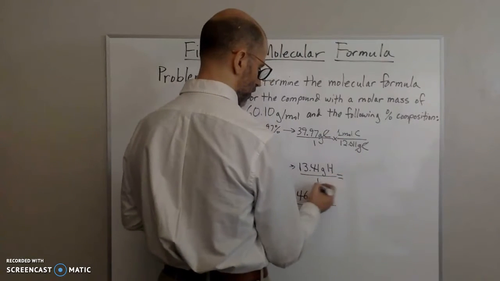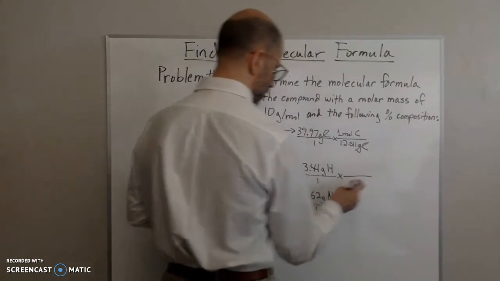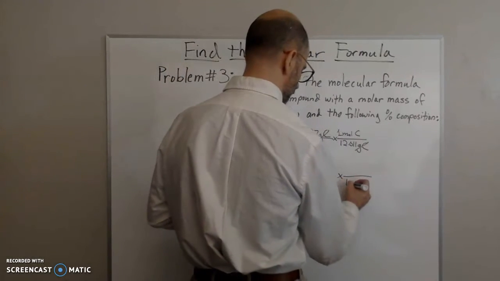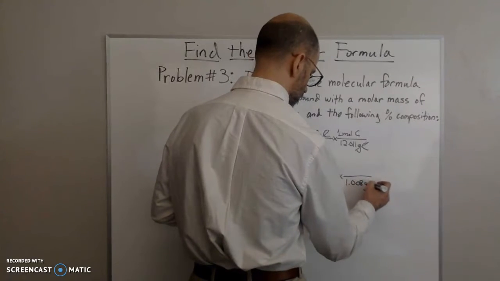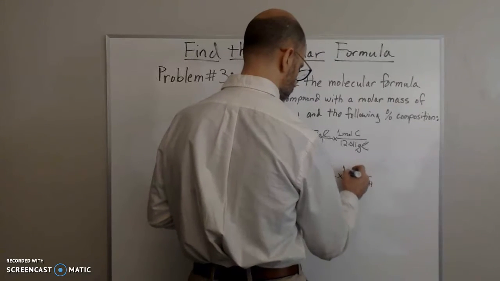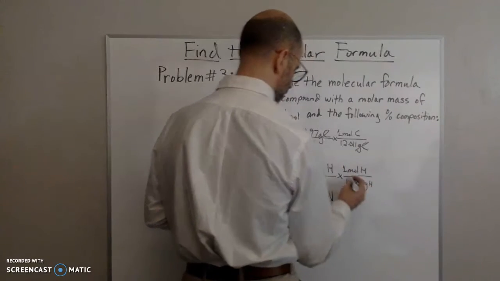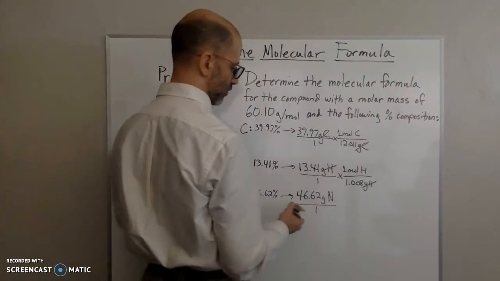Same thing with hydrogen. I'm going to multiply by the conversion factor. The molar mass of hydrogen is 1.008 grams of hydrogen per 1 mole. So 1 mole of hydrogen is on top, grams on the bottom, so I can cancel out the grams of hydrogen.